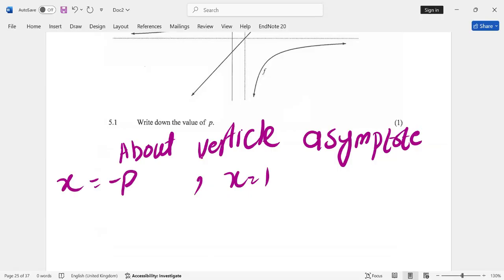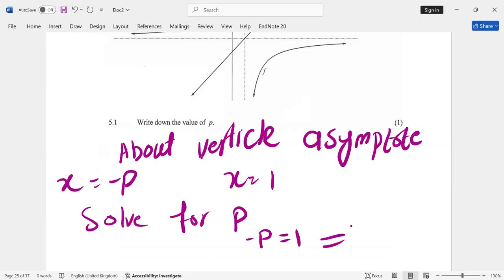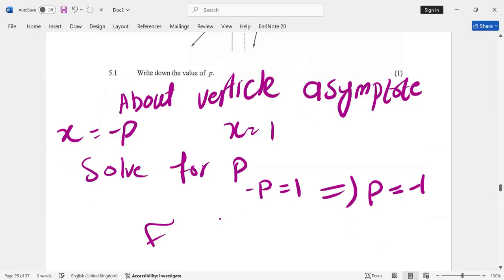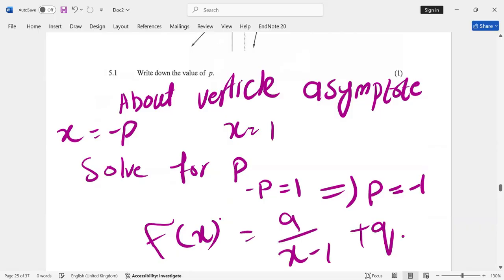So we solve for p: minus p equals 1, and we get p equals minus 1. So the function is now f of x equals a over (x minus 1) plus q. All right, this is the required answer for this question.